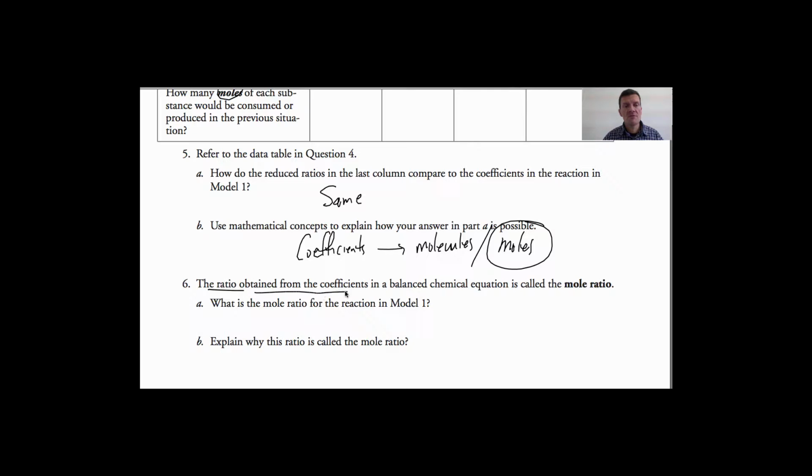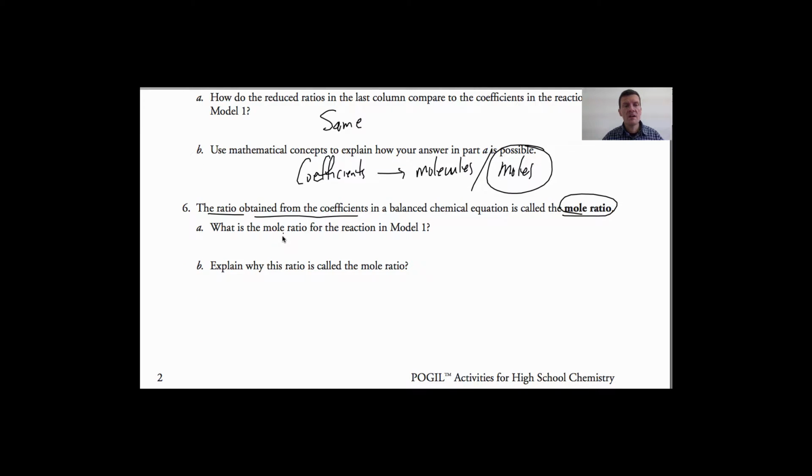The ratio obtained from the coefficients in the balanced equation is called the mole ratio. What is the mole ratio for the reaction in Model 1? It is a 1 to 3 to 2 ratio. Now, here are your two reactants, here's the product. You could compare any two if you want to. You could say the two reactants are in a 1 to 3 ratio. The first reactant and the product are in a 1 to 2 ratio.